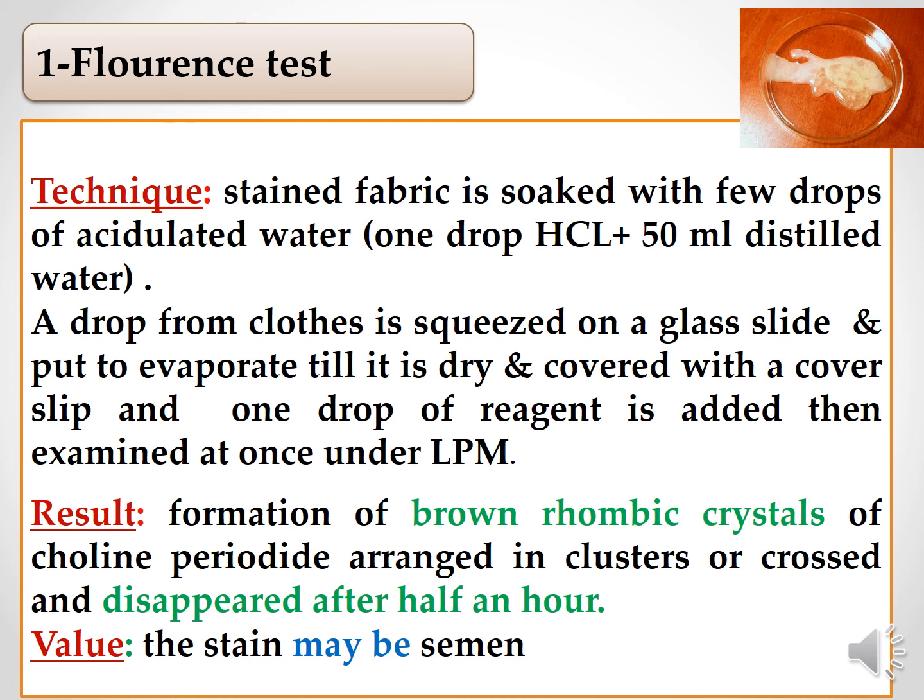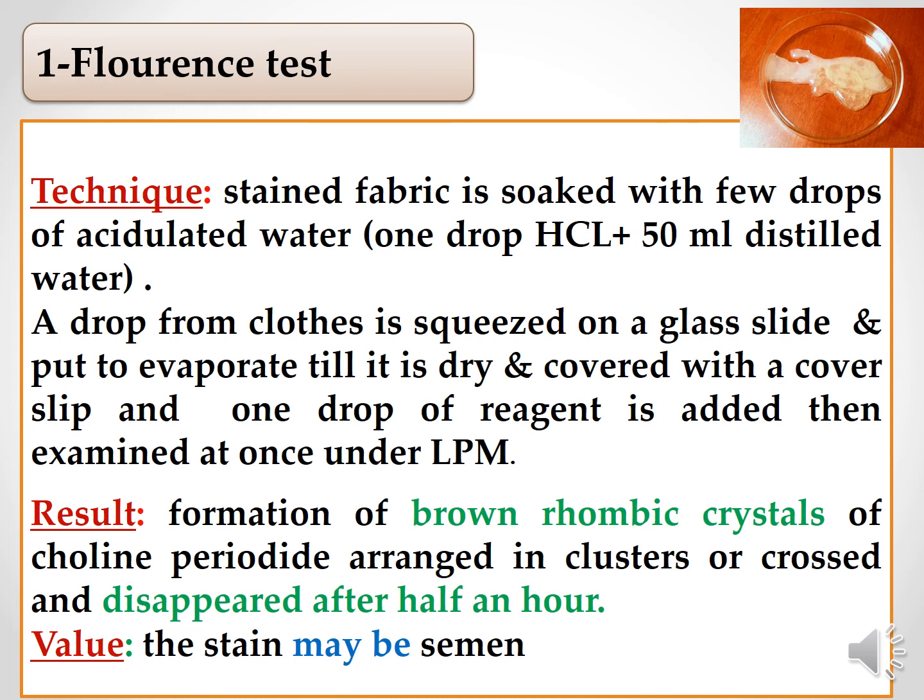Technique: stained fabric is soaked with a few drops of acidulated water, 1 drop HCl plus 50 ml distilled water. A drop from the clothes is squeezed on a glass slide and put to evaporate till it is dry, covered with a cover slip, and 1 drop of reagent is added, then examined at once under a light microscope.